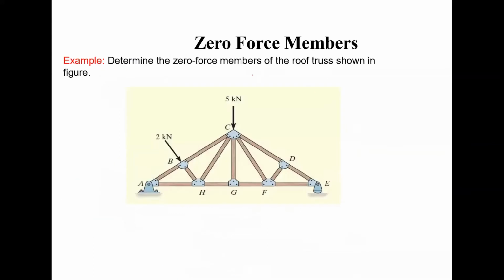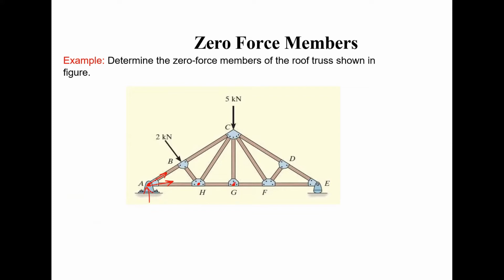Now let's consider another truss, and let's find the zero force members in this problem. First of all, let's find which joints are carrying only three forces. First, joint A is carrying only three forces. And this H joint is carrying four forces, so we cannot apply the shortcut rule here. C, B: more than three forces.